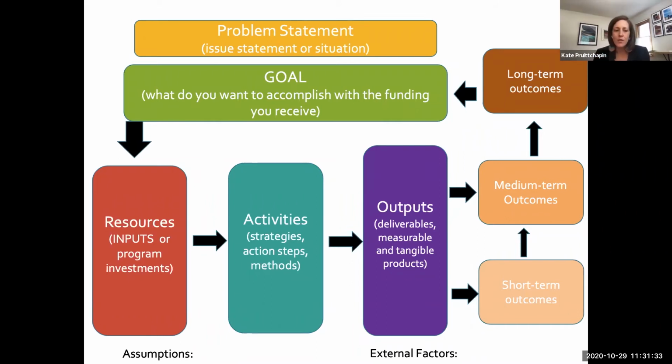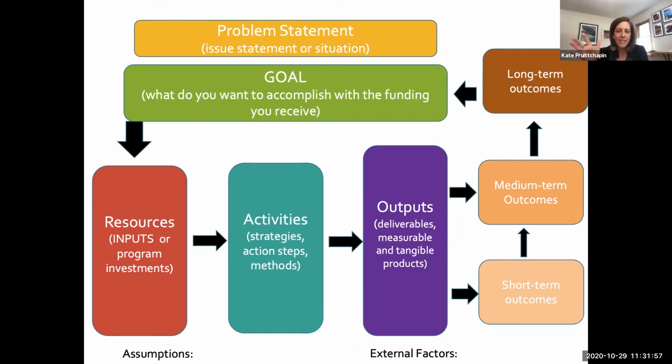When we get to resources, that's where you're thinking about what things we have in place that can help us be successful, right? We've got staff, volunteers, a building, an IT person, access to online trainings. You're writing down everything our agency has invested so that we can be successful.